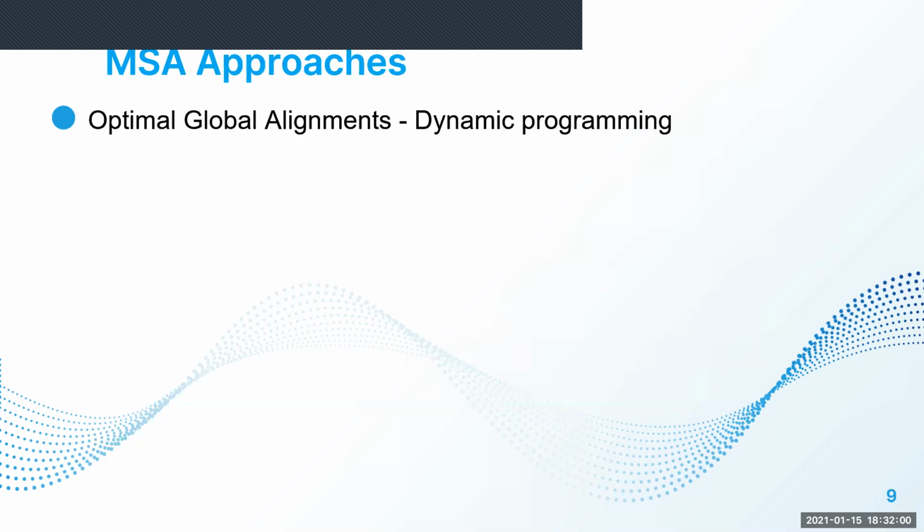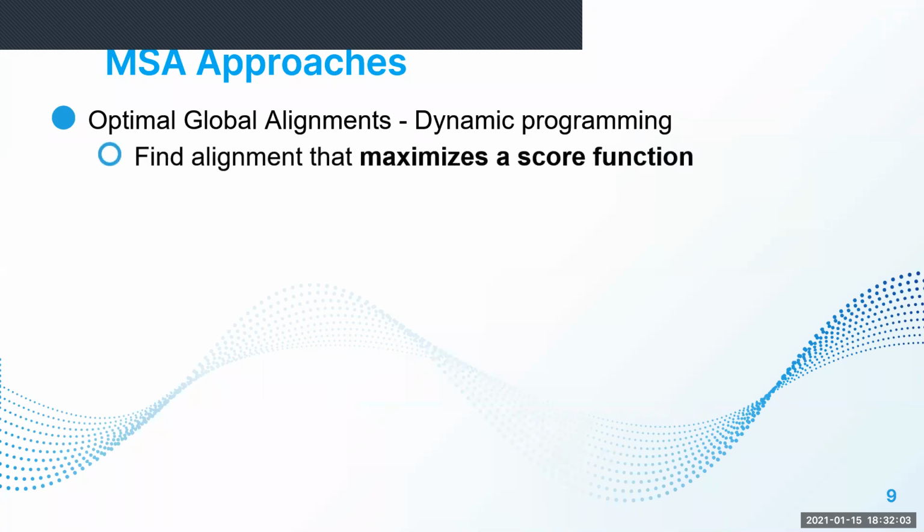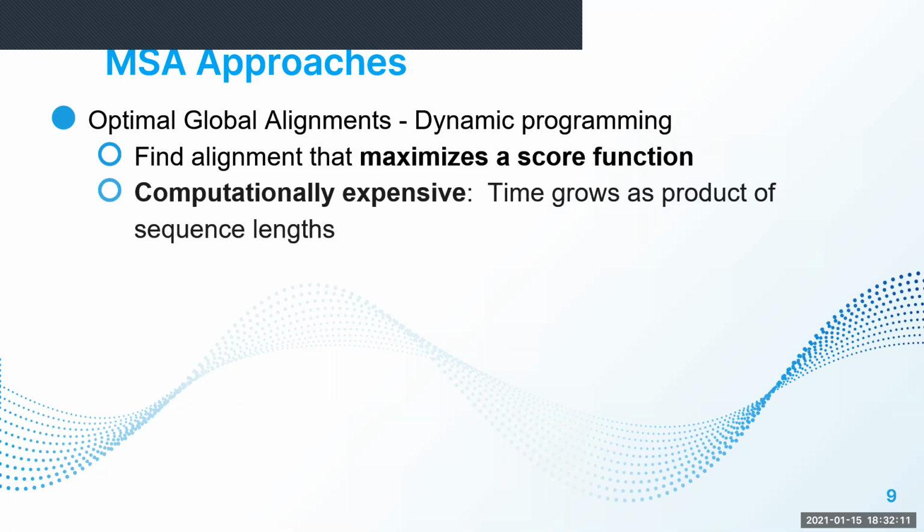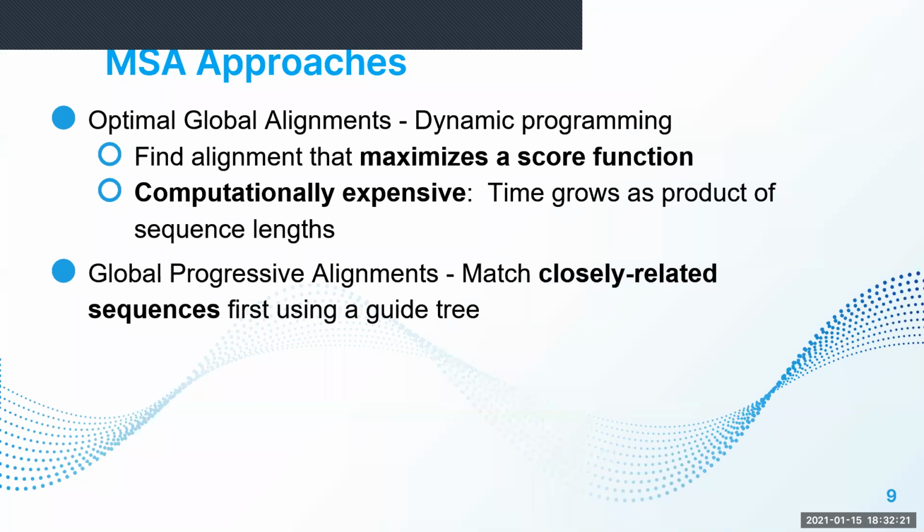In our course, we're going to discuss dynamic programming, of course. In dynamic programming, we try to get the maximum score for a function. But it is very computationally expensive, so we have to look for other methods. Then we can go for global progressive alignments, where we take closely related sequences and try to increase the number of alignments. I'll get into that later.